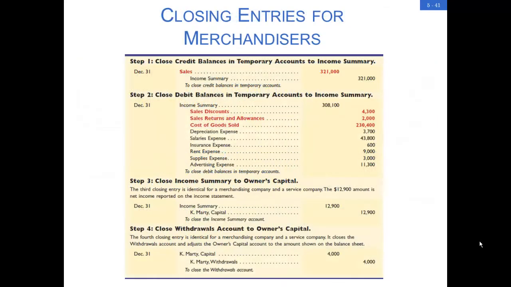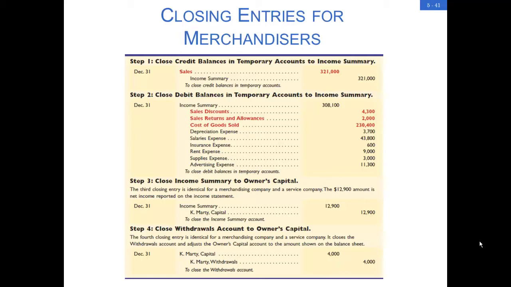Closing entries are similar for service companies and merchandising companies using a perpetual inventory system. The difference is that we must close some new temporary accounts that are arising from merchandising activities. SETMART has several temporary accounts unique to merchandisers: sales, sales discounts, sales returns and allowance, and cost of goods sold.